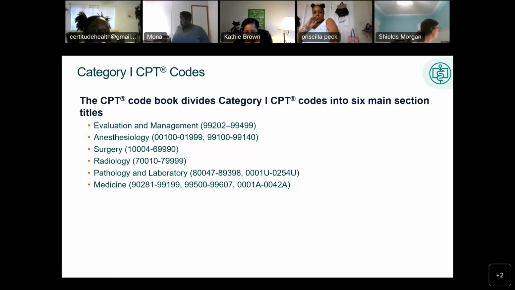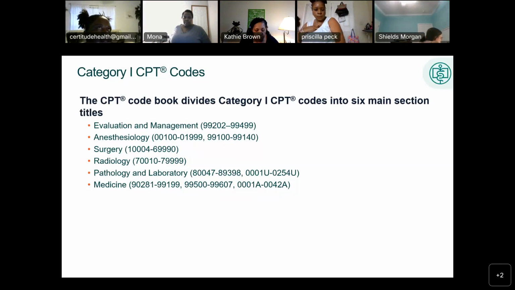The anesthesiology codes, which start with the 00100 code range to 01999. And then there's 5 additional codes in the anesthesiology section that are specific only to that section that start with 99, and that is 99100 through 99140.